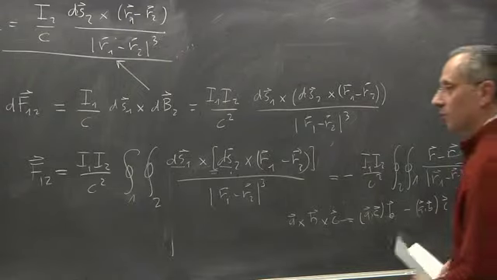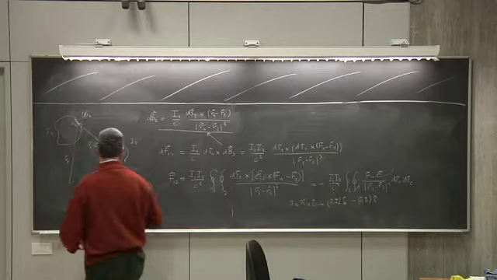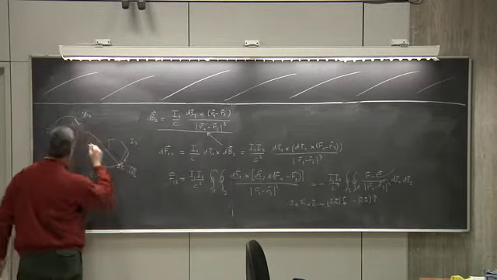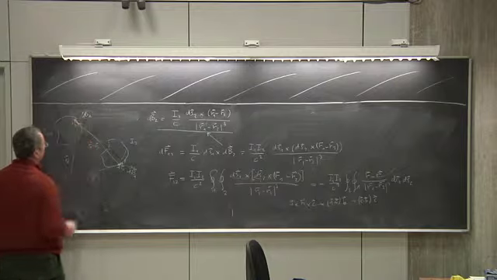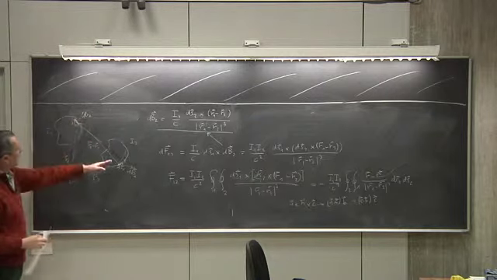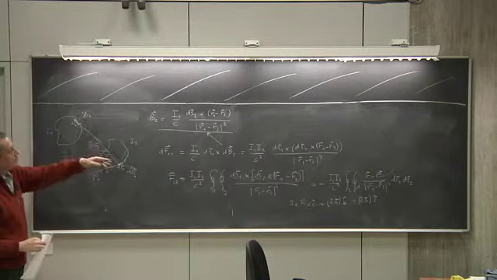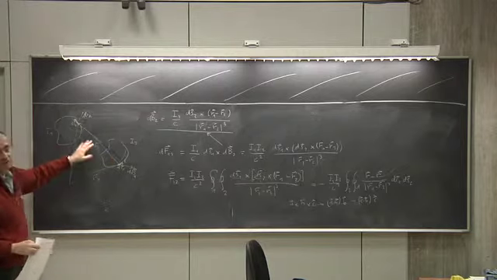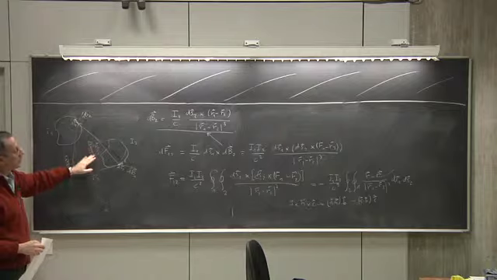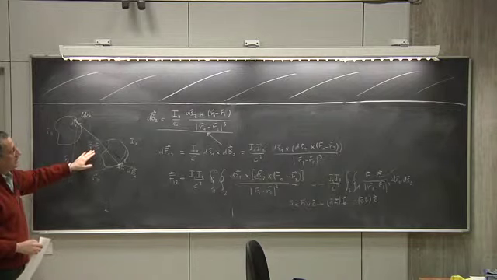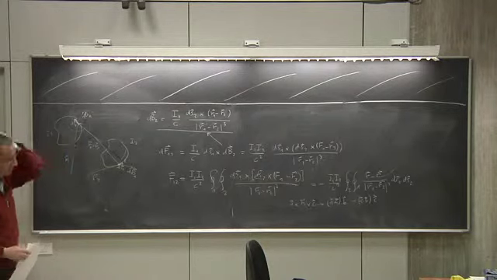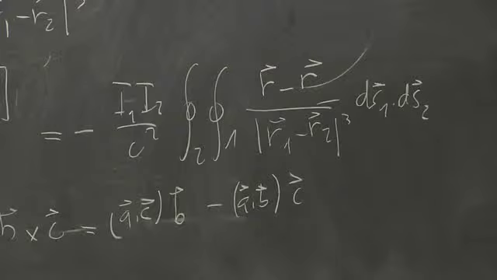That's nice because you only have to take the scalar product of these two sections of the wire, and then you simply integrate essentially the distance squared, very similar to the Coulomb law. It goes like 1 over r squared along those paths, and then the product of the currents, you get the force.